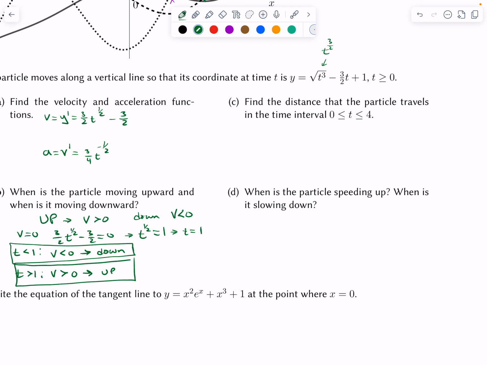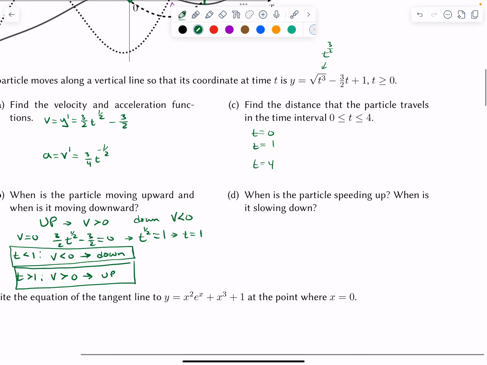How far has the particle traveled? Well, here you have to bear in mind that this thing is going to be traveling down from t equals 0 to t equals 1, and then t equals 4 is the end of the upward movement. At t equals 0, y of 0 is equal to 1. That's easy.